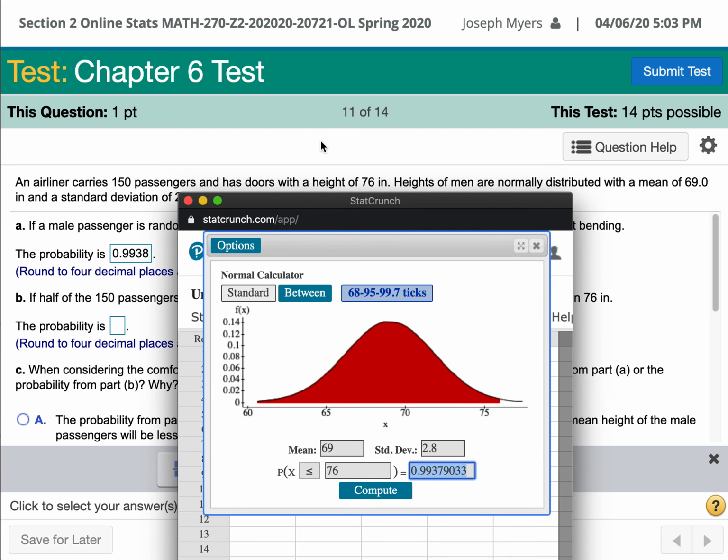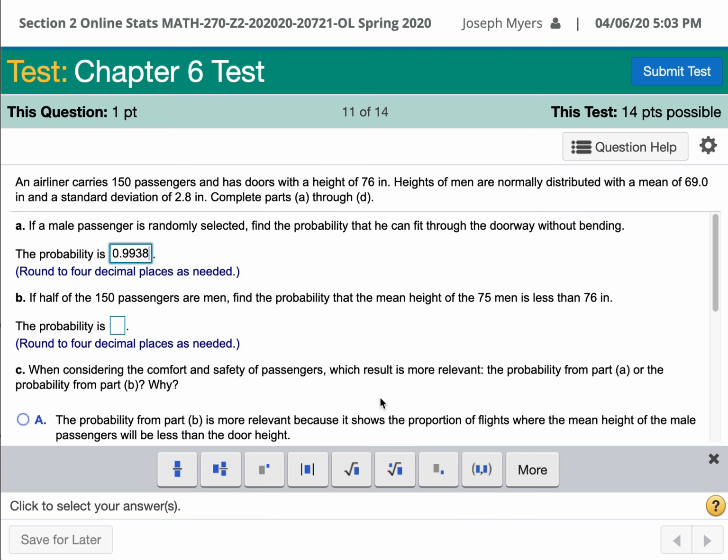Now, if half the 150 passengers are men, find the probability that the mean height of the 75 men is less than 76 inches. When you find the probability of a mean, that changes the standard deviation. So how many men are there? 75 men. The mean height, it says, of the 75 men.